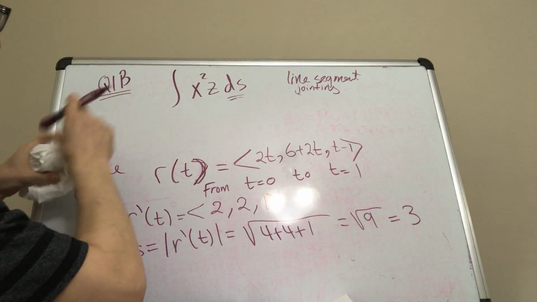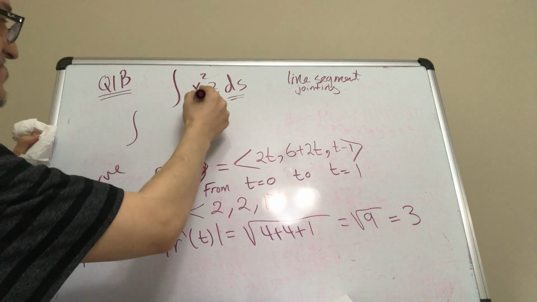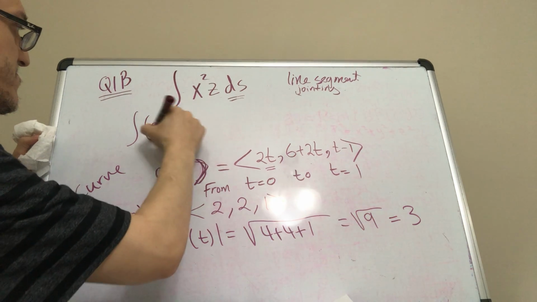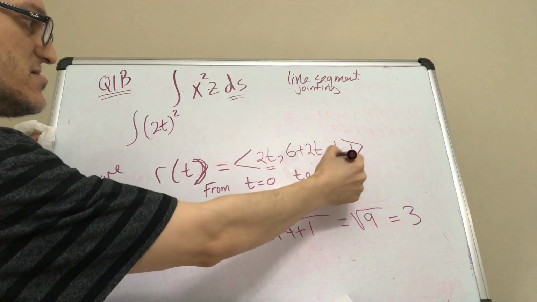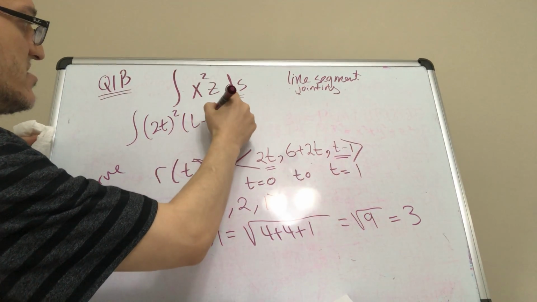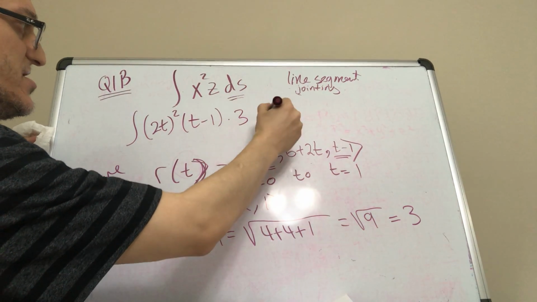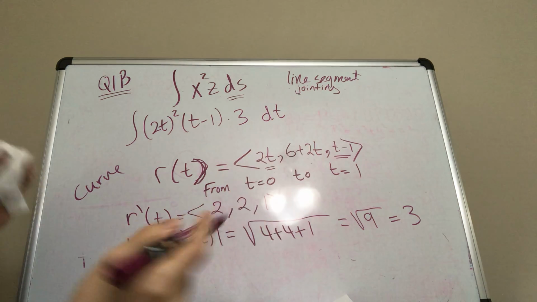Watch. X squared, this is x, so 2t squared. Z, this is z, t minus 1. ds is 3, and your integration is dt.